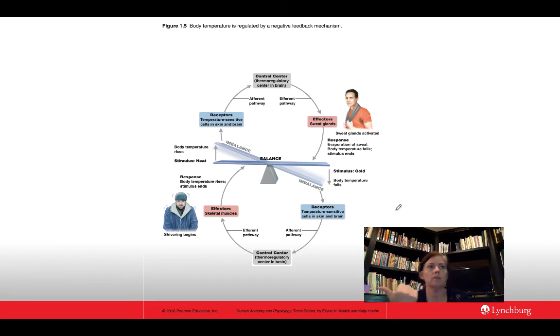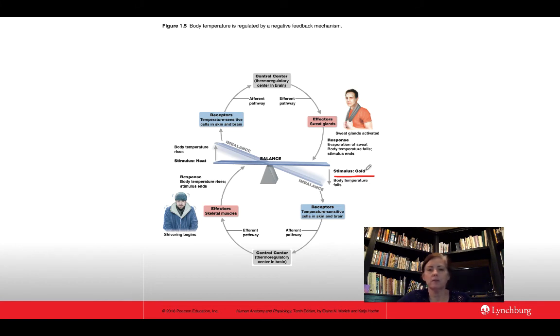One example of a negative feedback loop would be body temperature regulation. Another one would be blood sugar control. So here's our negative feedback loop. Let's say that we have cold. Let's say that we're outside in the winter and our body gets really cold.